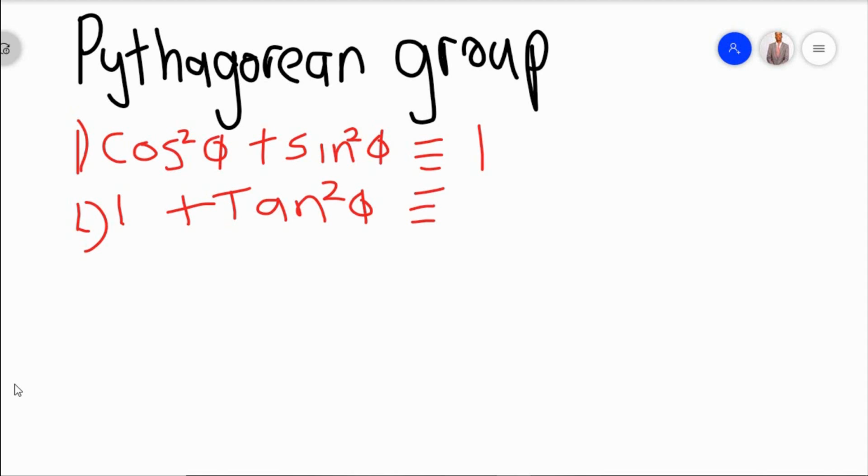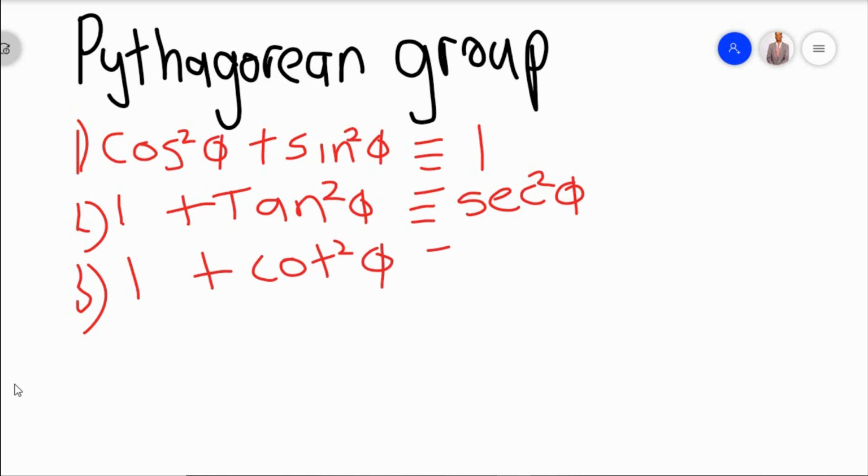Three, 1 plus cotangent squared theta is exactly identical to cosecant squared theta. These are the Pythagorean.